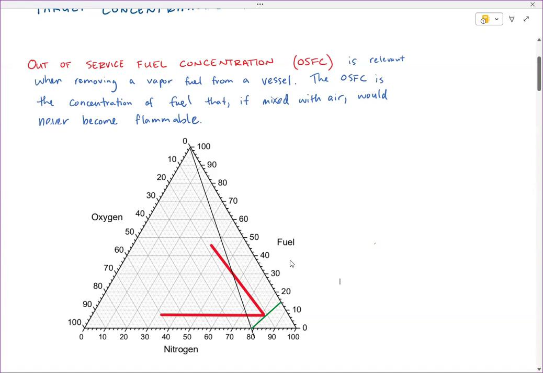And again, that number will be relevant in the next video when I talk about the inerting calculations. So this is my OSFC. And recall, of course, that different fuels have different shapes of this flammable region. So this is just an example. It's not always 15% that is the point.